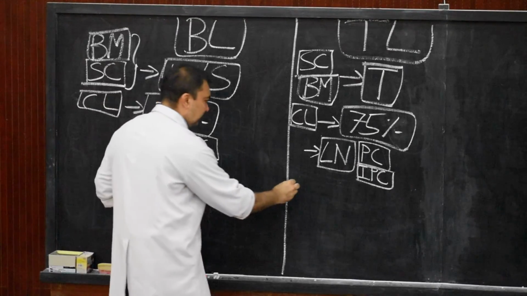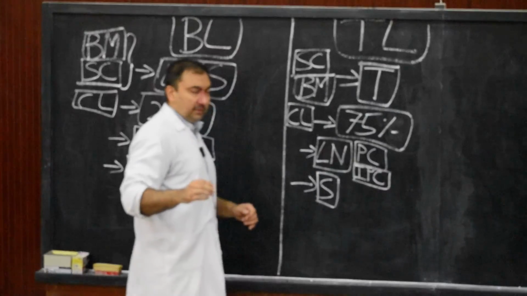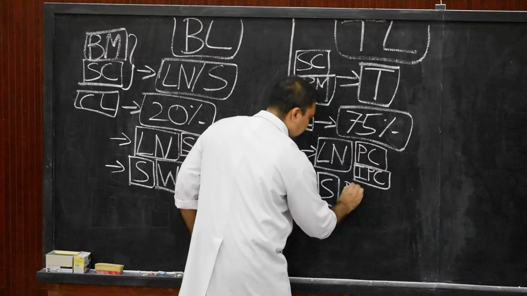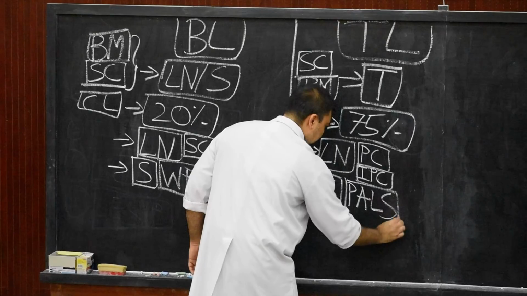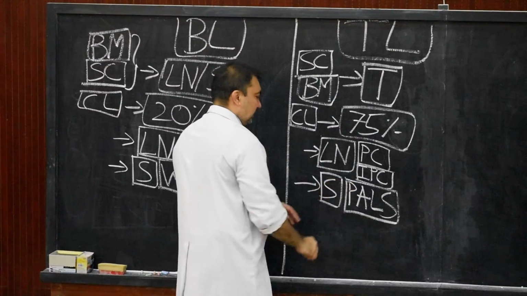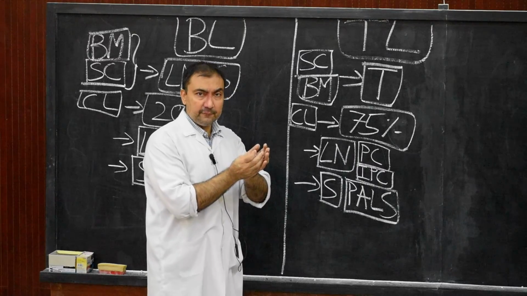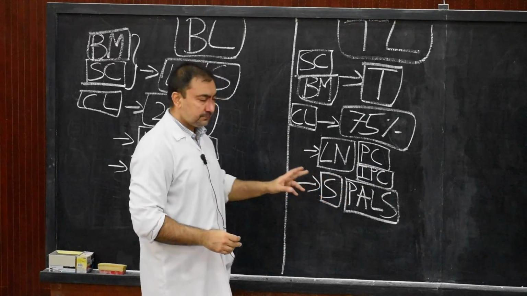T lymphocytes, in case of the spleen, will be located surrounding the periarteriolar lymphatic sheath, or within the periarteriolar lymphatic sheath.